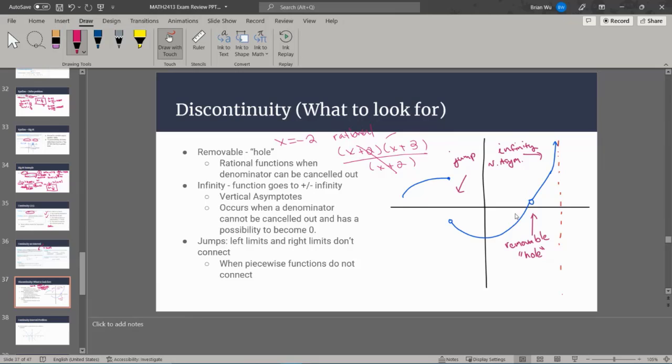But the function still exists, and that will be a hole. Infinity is when you have a vertical asymptote. It means that at this value for a rational function, your function will go to infinity from either side. The jumps are when you have a piecewise function that doesn't connect. So this could be one function, and this could be a different function on the same f of x, but they don't connect at the endpoints.